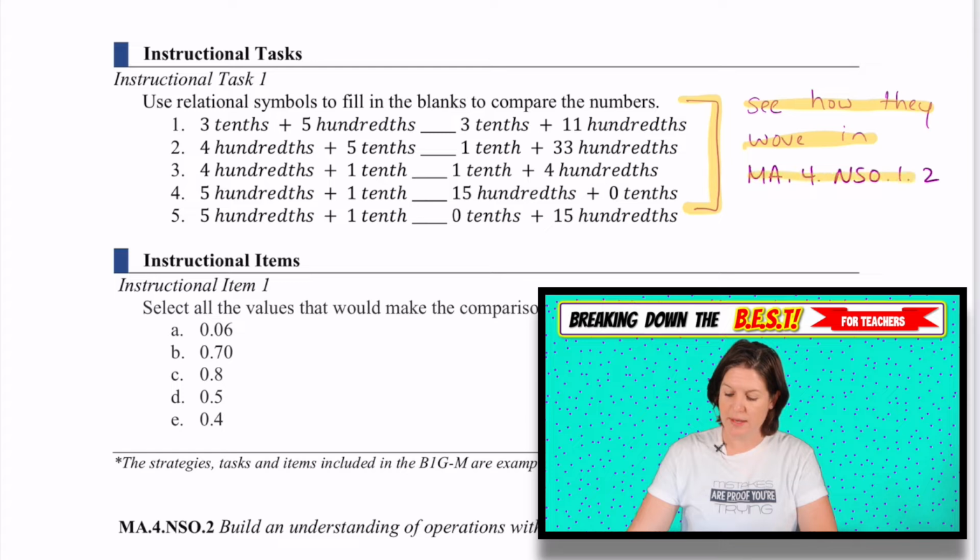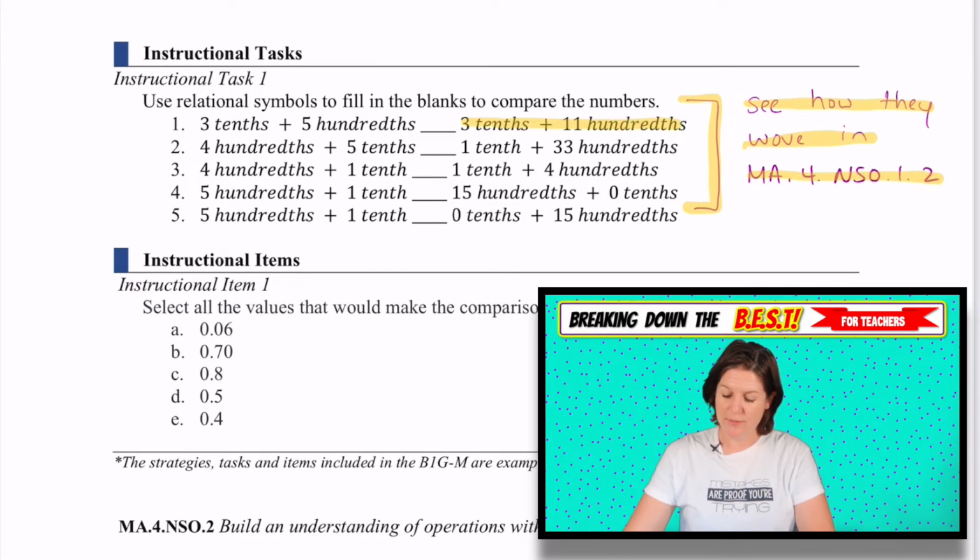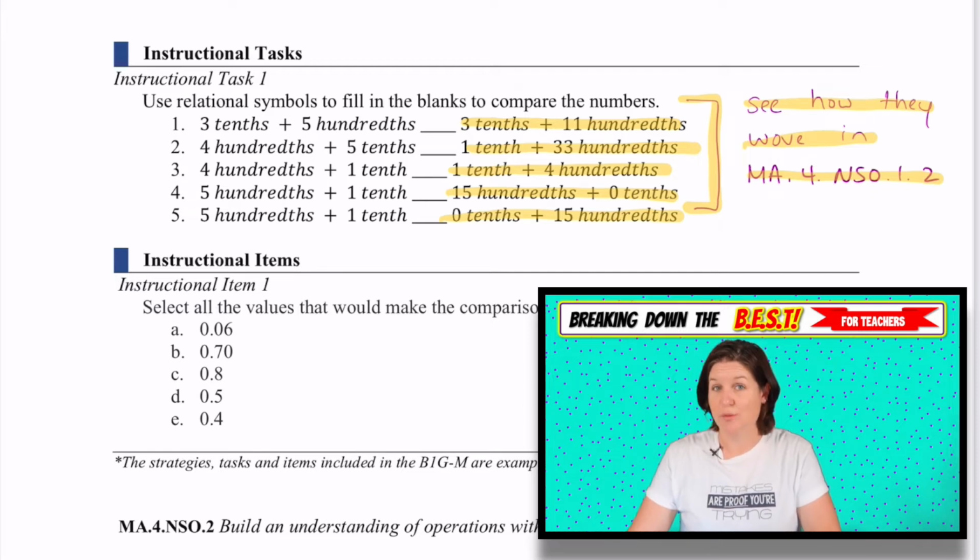Now for the instructional tasks, I just wanted to point out here, see how they wove in this standard, MA.4.NSO.1.2, where we have our decomposing numbers. Actually, I think 4.NSO.1.2 does not include decimal numbers. This is just kind of saying students should be able to know how to read and write decimals as well, I guess, which wasn't specifically said without that.